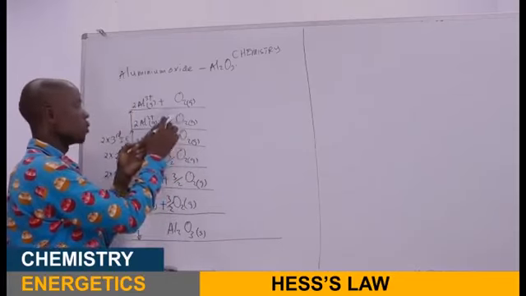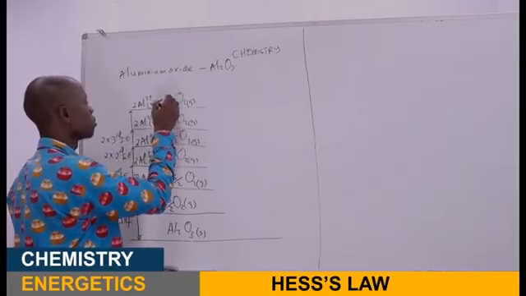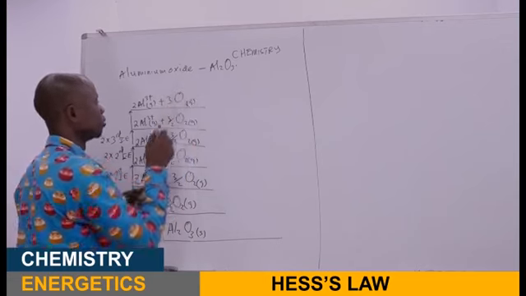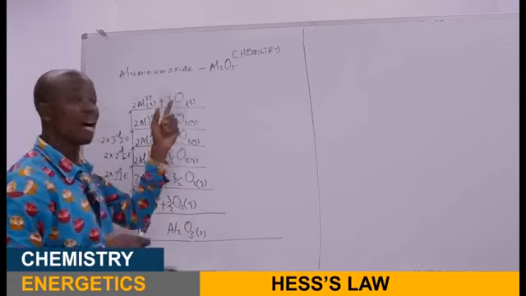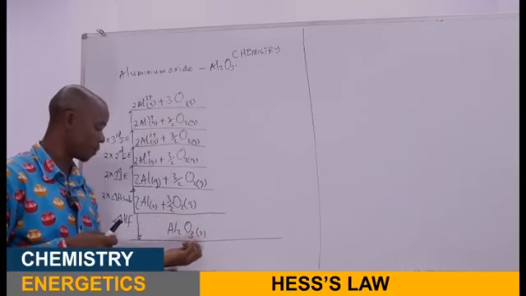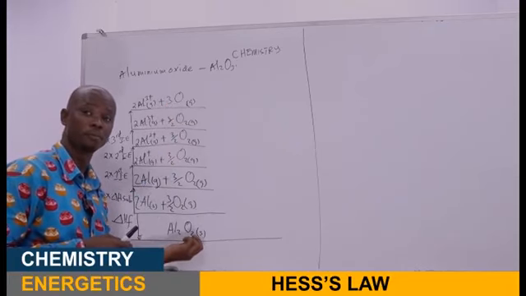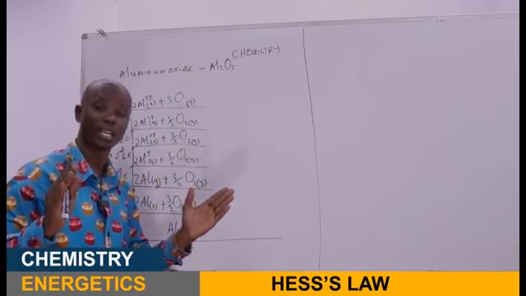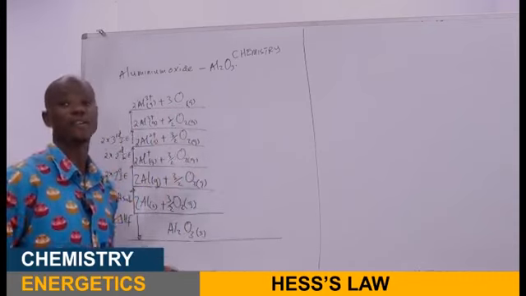Now remember, the 2 and 2 will cancel, so you're going to remain with 3 there. Remember, the number that is here should also be present here. It is important for you to remember. If you miss this, and you are told to calculate anything, you're going to miss everything.